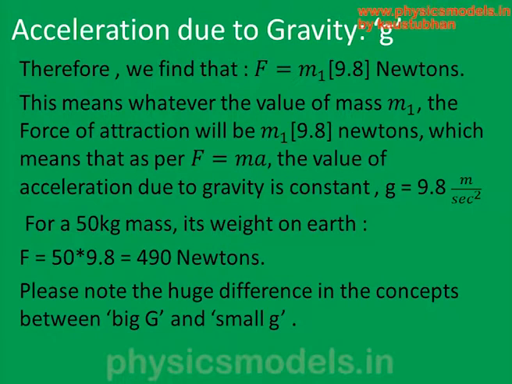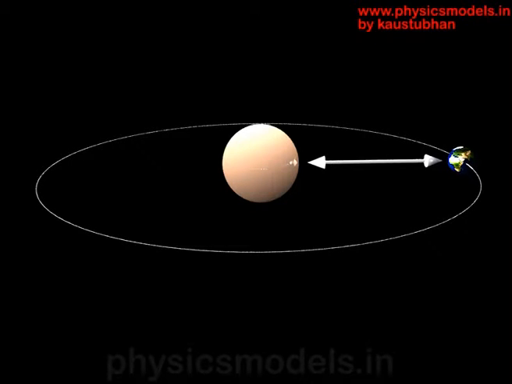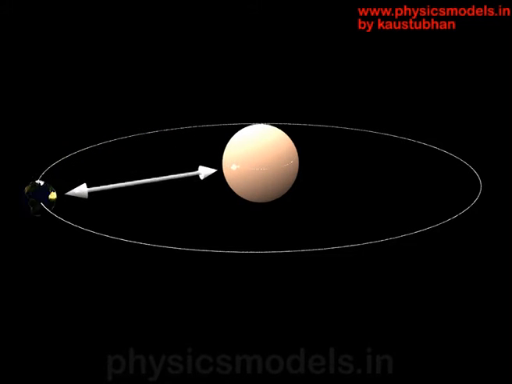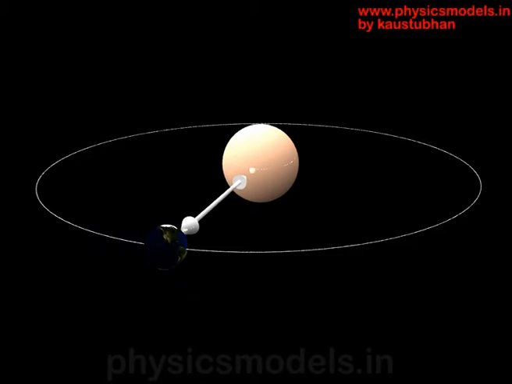And I hope this clarifies the difference between the big G and the small g. In summary, the gravitational force of attraction is valid between any two objects in the universe which have a mass. It's also valid between a bus and another bus on the earth, between a train and a train, and so on.